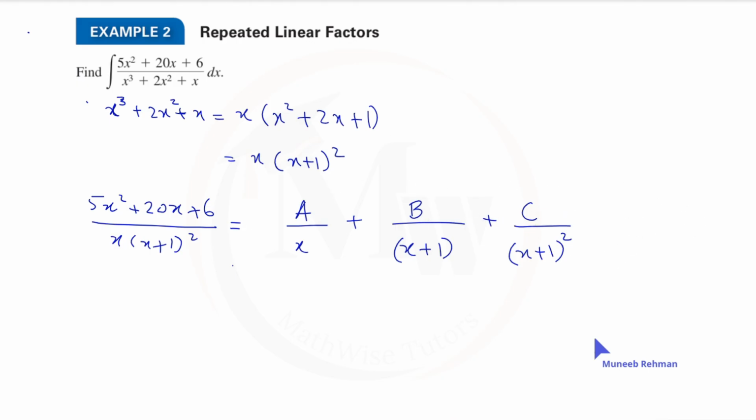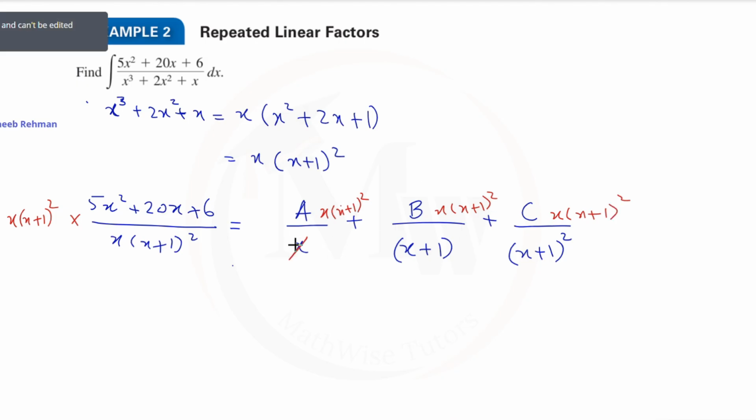The same step, multiply the denominator term on both sides with each term. So multiply x times x plus 1 square here, and x times x plus 1 square with each term. This x is cancelled here. X plus 1 cancels with only one factor. X plus 1 square cancels with x plus 1 whole square.